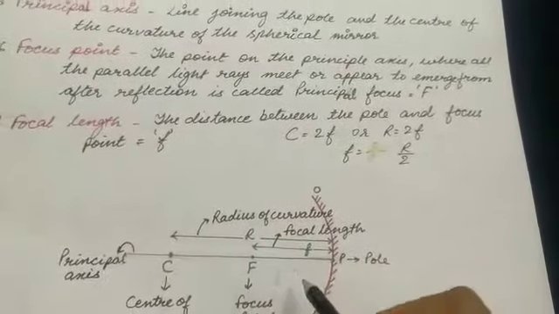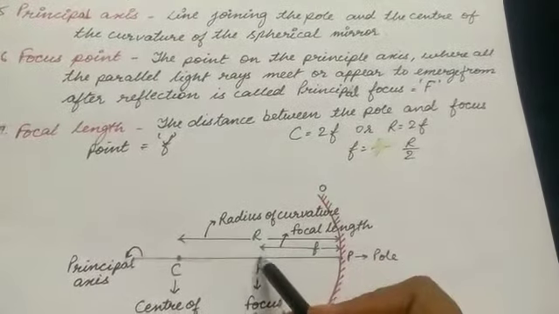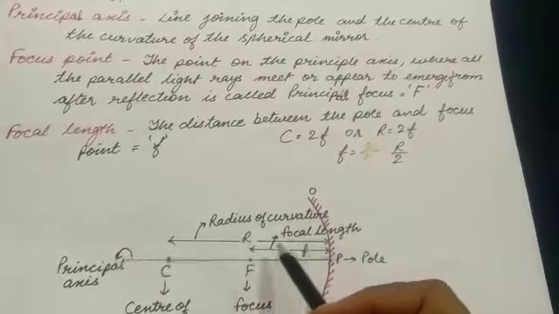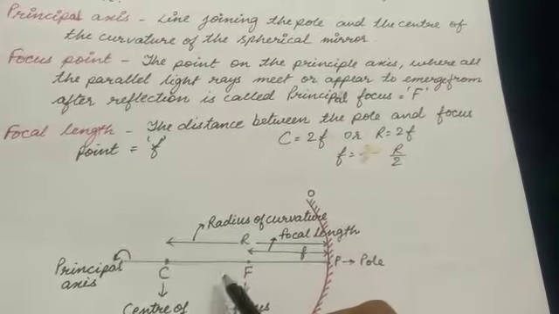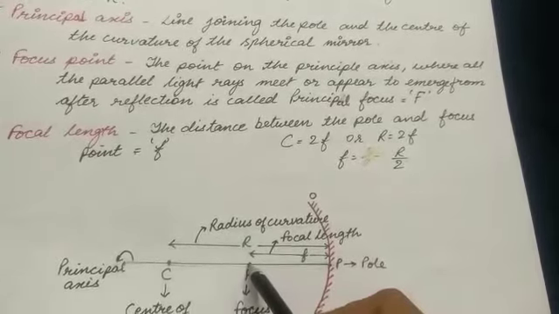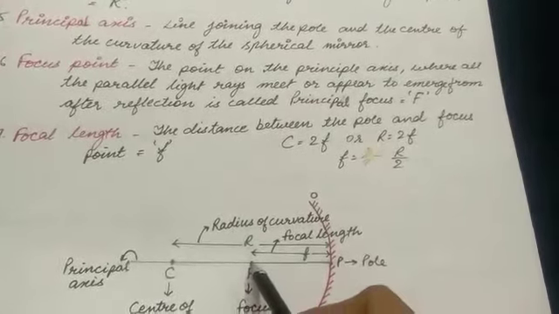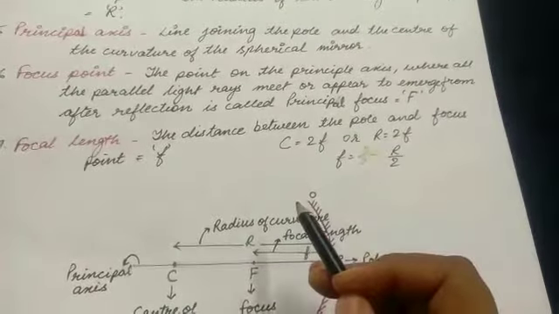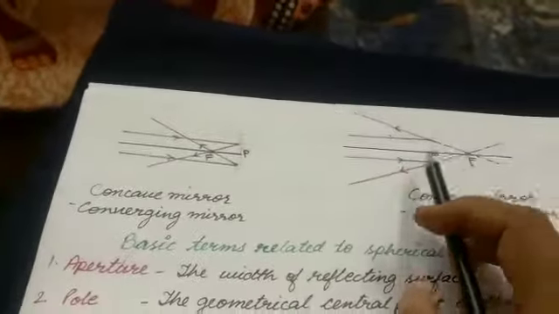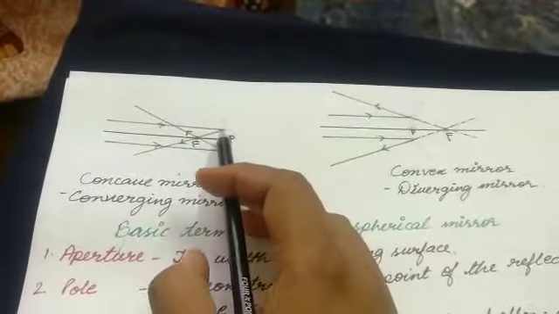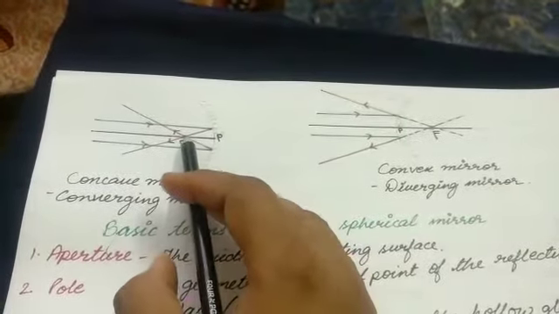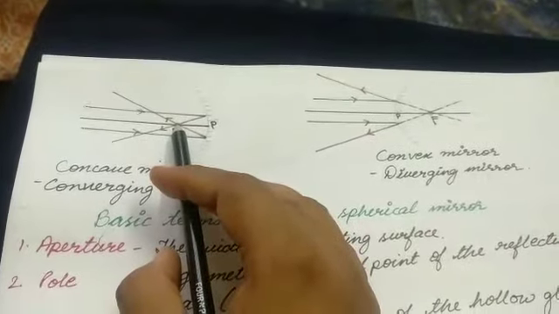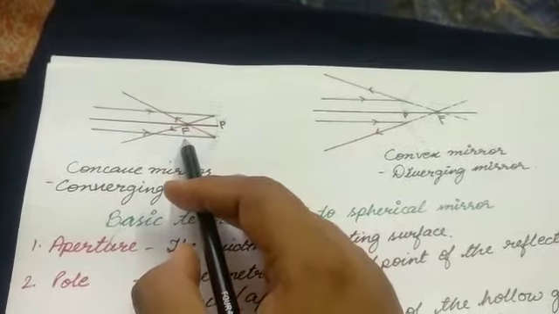In some cases the principal focus is real, where all the parallel light rays converge at one point on the principal axis, and that point is called the focus point. In this case, you see that the reflected light rays are really converging at one point, and this is the focus point.